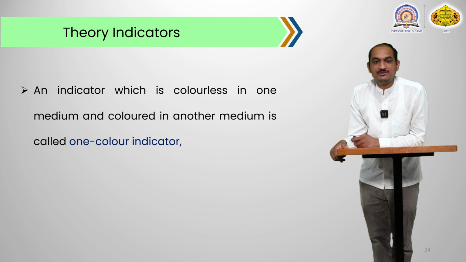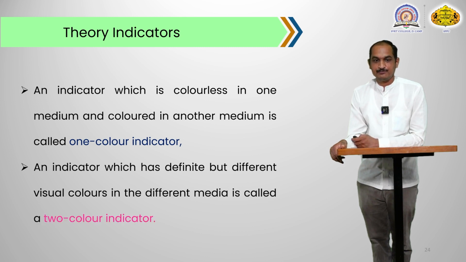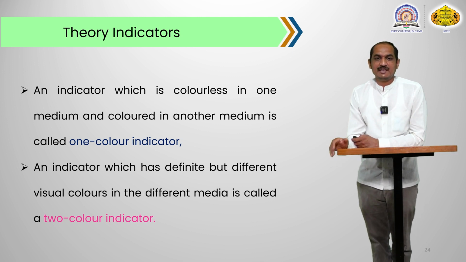Like one color indicator, there is the next term, two color indicator. An indicator which has definite but different visual colors in different media is called a two color indicator. So very simple. From the name itself we can clarify the terms one color indicator and two color indicator.